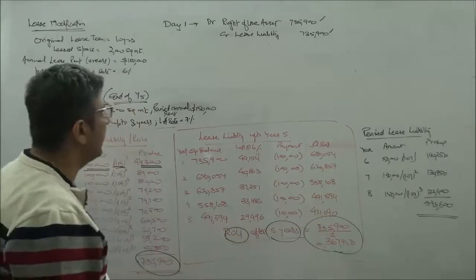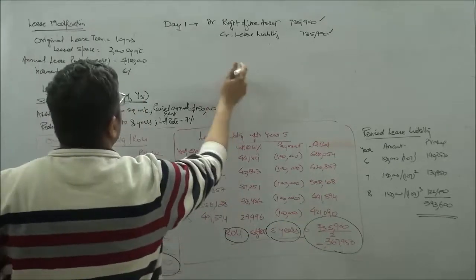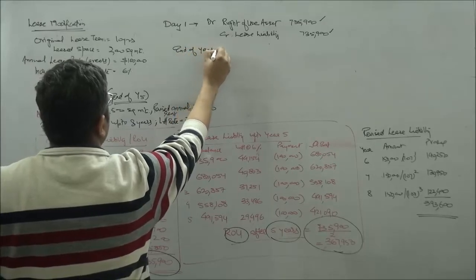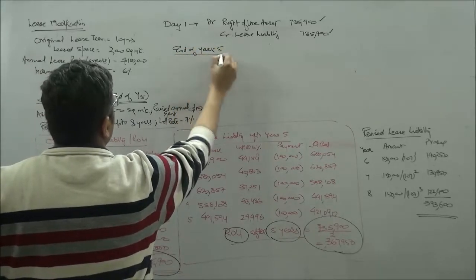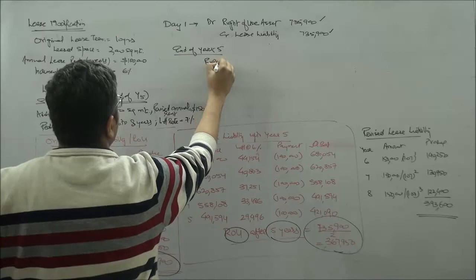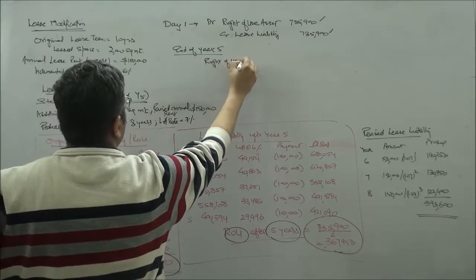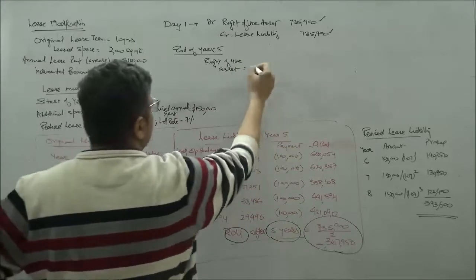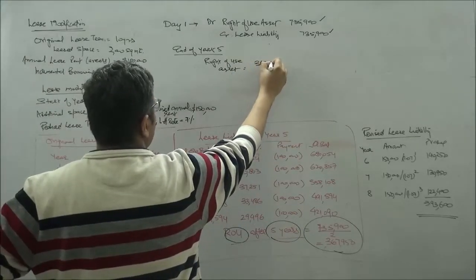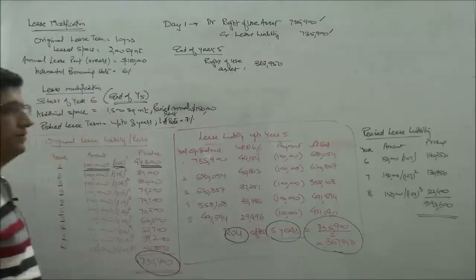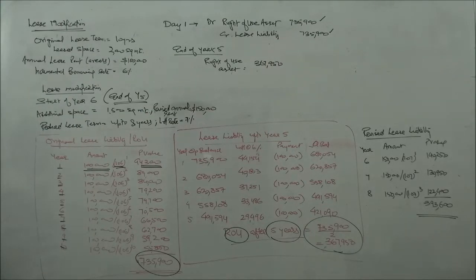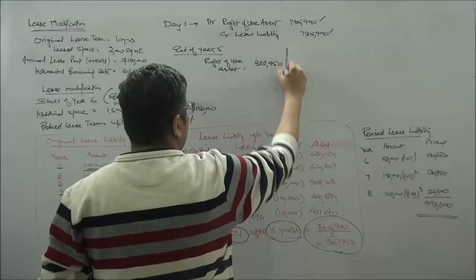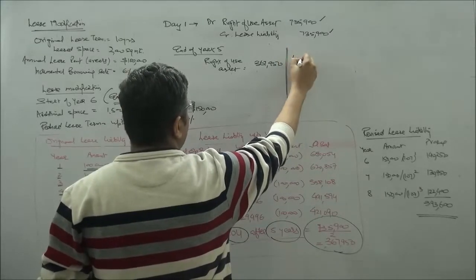So I'm simply looking at it that end of year 5, I have my right of use asset's value as 367,950, right?